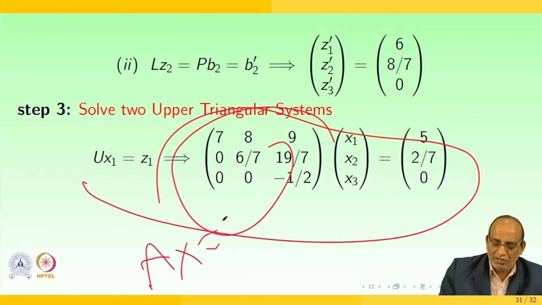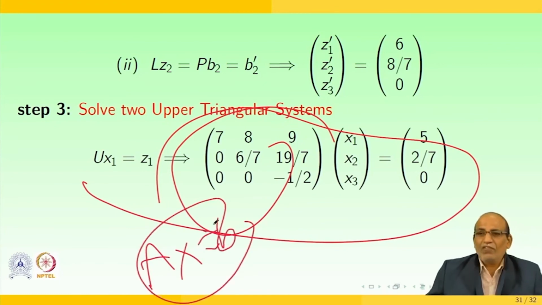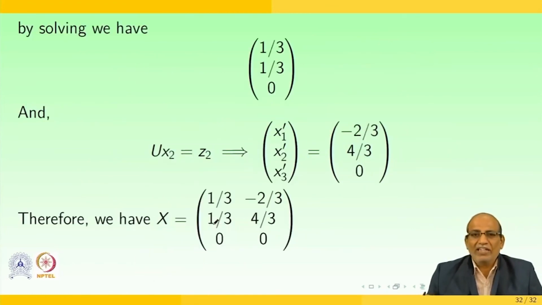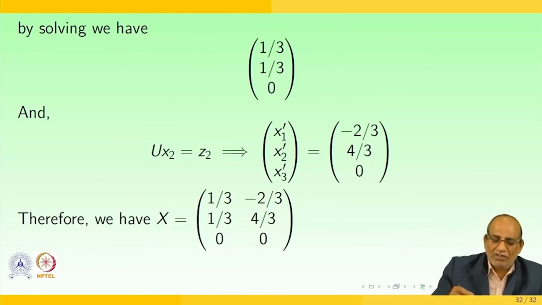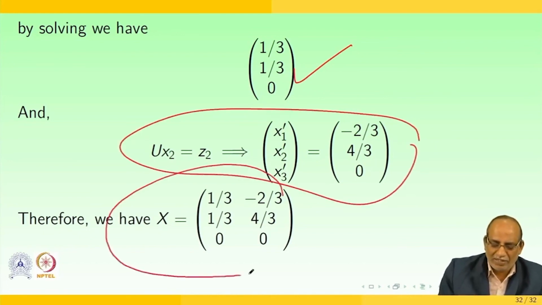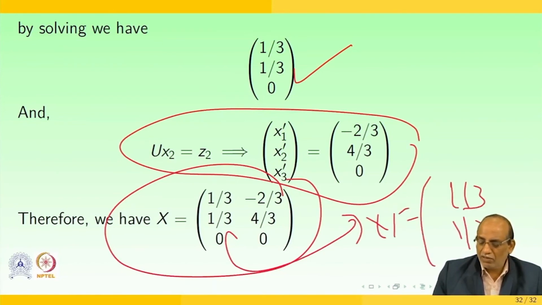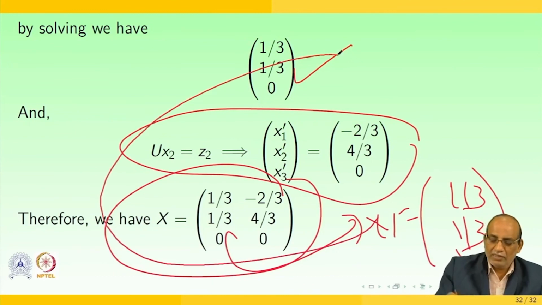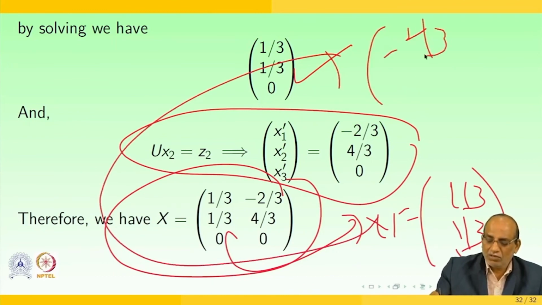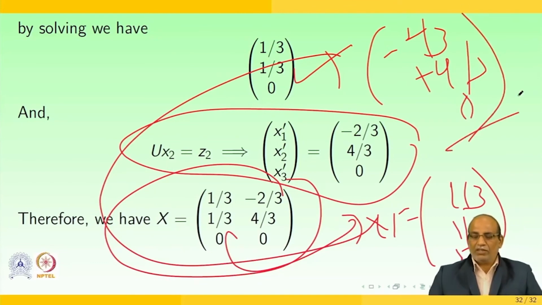AX is equal to B. So when you have different right hand side vectors, the solution is 1/3, 1/3, 0. For the second set, this is the matrix we get. So this is x1, that is 1/3, 1/3, 0, and this is x2, that is −2/3, 4/3 and 0. This is the vector you get.